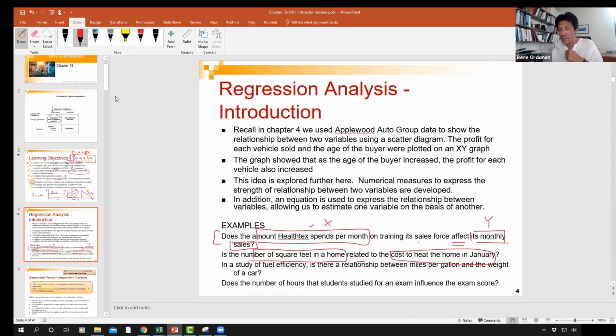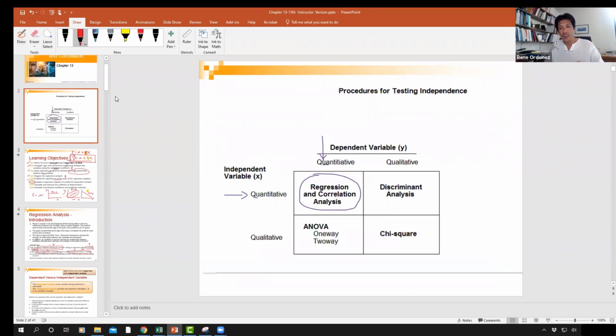The variable of interest is the cost of heating the home, and we're going to use the size of the home as measured in square feet as the predictor variable. So once again, because these two variables are quantitative, regression and correlation analysis would be the appropriate test.